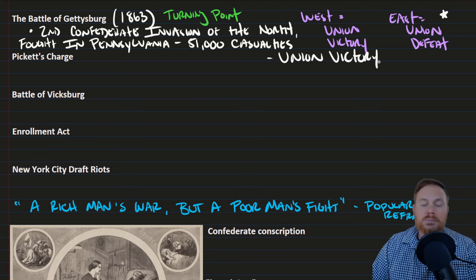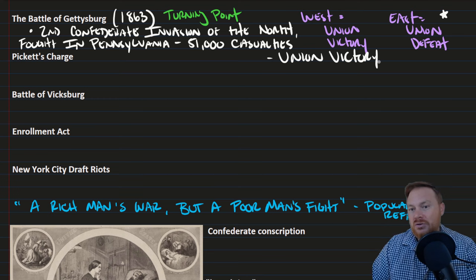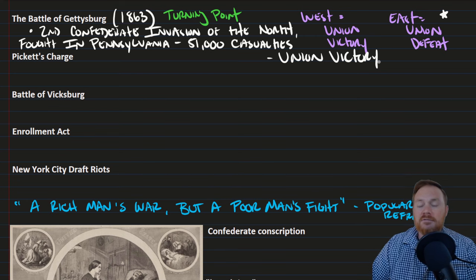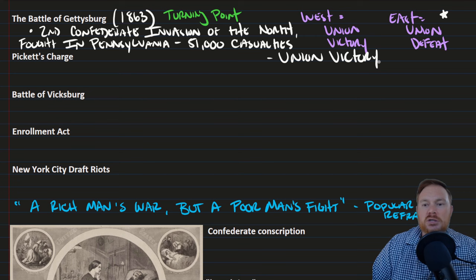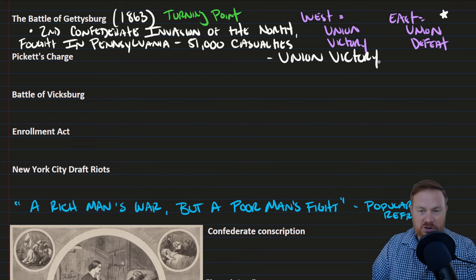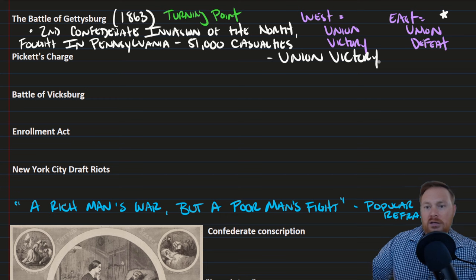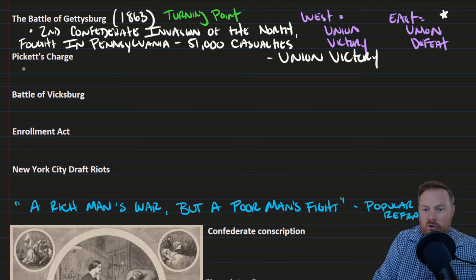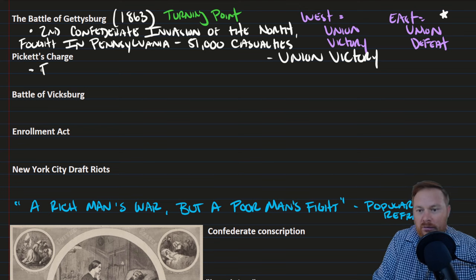And in fact, this would be the last time that the Confederacy would ever be able to invade Union territory. It was the most northern point that the Confederacy had ever gotten. And so from this point onwards, the way in which the Confederacy was able to attack and pressure the North is going to dissipate.